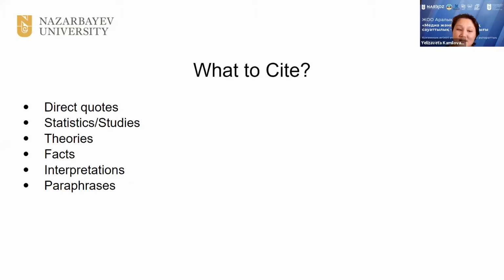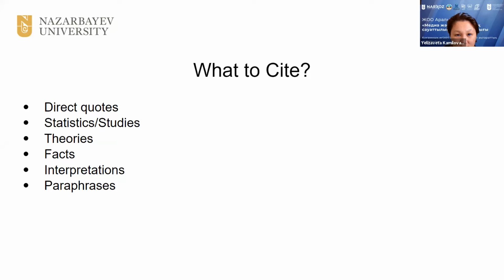You need to cite statistics and studies. You need to cite theories, criticisms, etc. Facts, images, videos, different interpretations. Even if you are using your own words and describing it, which is paraphrasing, it also should be cited. So these are the examples when you should cite.